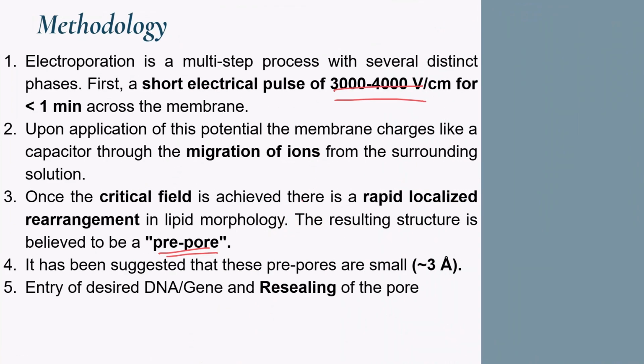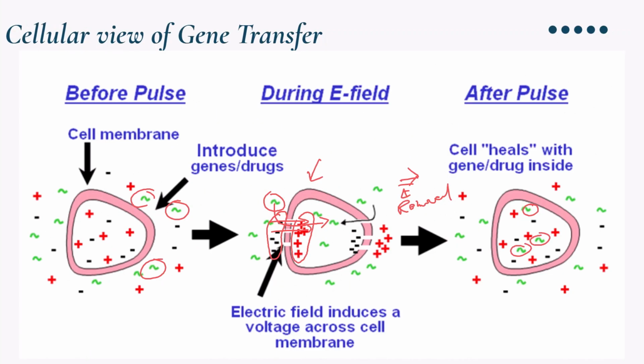During that there is rapid rearrangement in the lipid, right? Since the rearrangement in the lipid is occurring, that is the reason why the pore forms, and this resulting structure is called a pre-pore. So this structure where the pore is occurring is called the pre-pore structure.